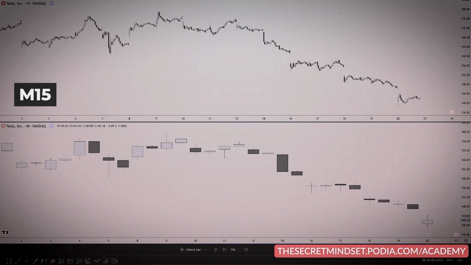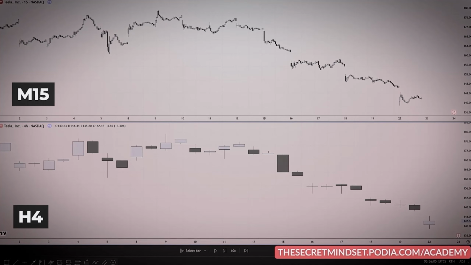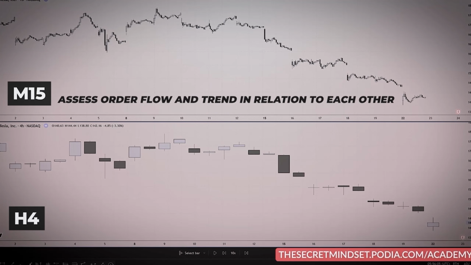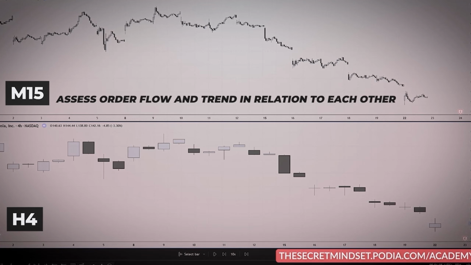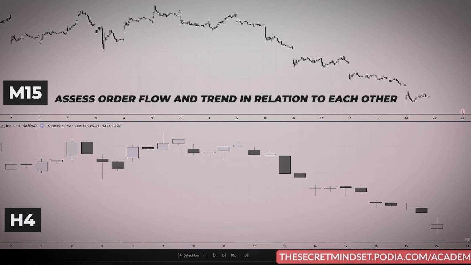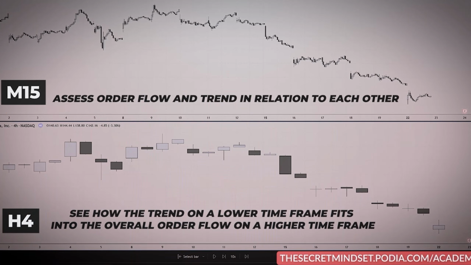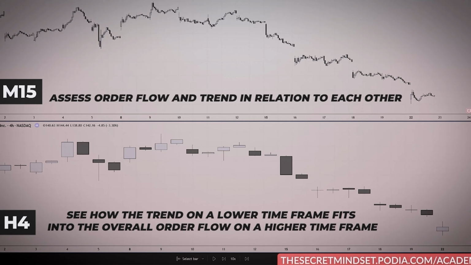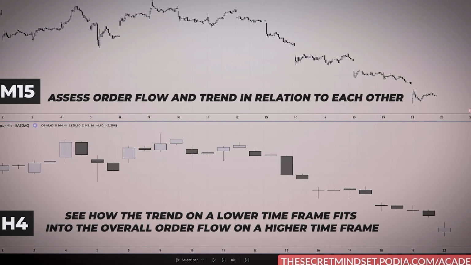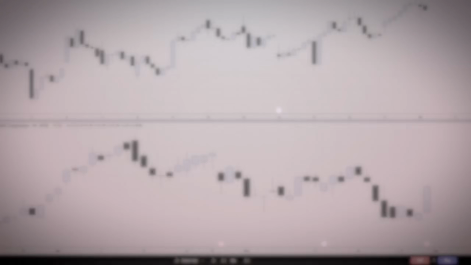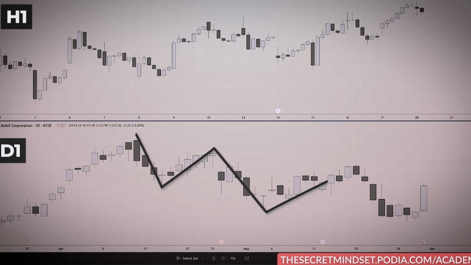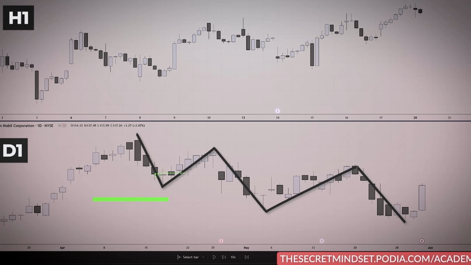To really understand this relationship, you need to assess order flow and trend in relation to each other. This is where multi-time frame analysis comes into play. By looking at different time frames, you can see how the trend on a lower time frame fits into the overall order flow on a higher time frame. Let's say the order flow on the daily chart is bearish, making lower lows and lower highs.